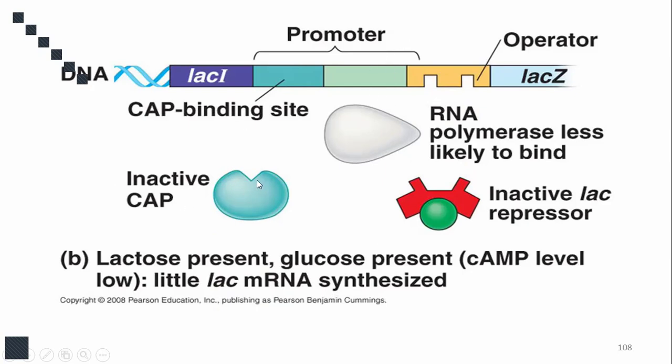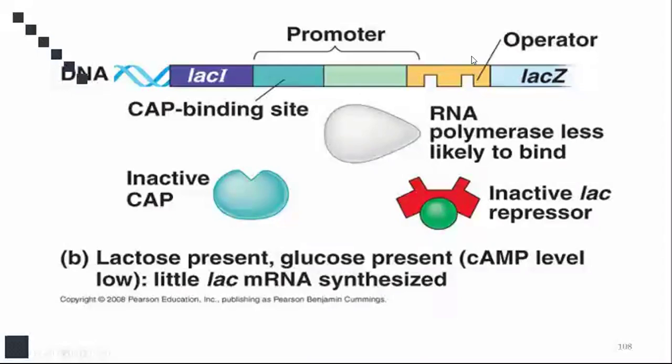Now you can see an active CAP is released. Then RNA polymerase is less likely to bind, and then you have your inactive lac repressor actually removed. So from here, you can see that the operator of this particular gene is open for activity, so that this gene can actually be transcribed.